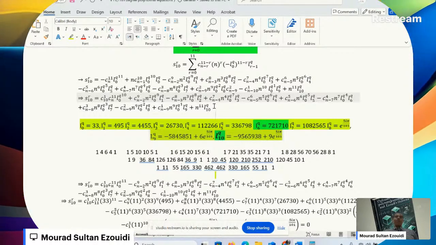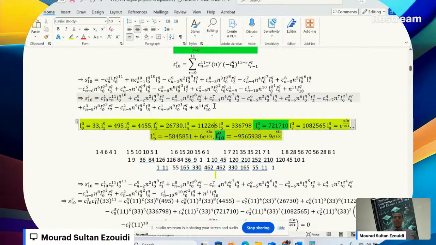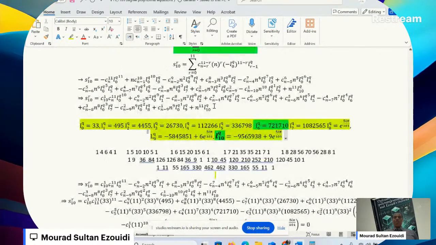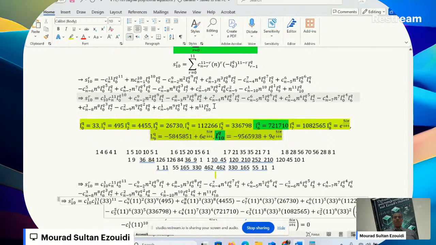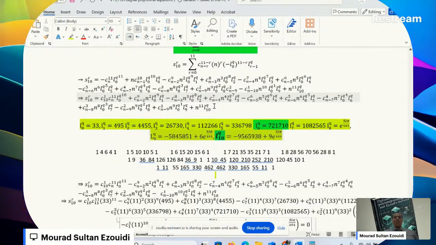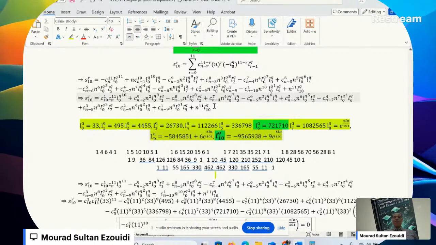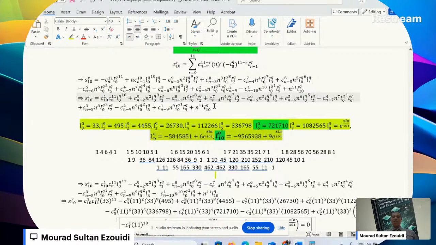So this is the calculation, my kids. Just use the calculation, and you find that the value of S10 is going to be equal to 0. The structure is in front of you.